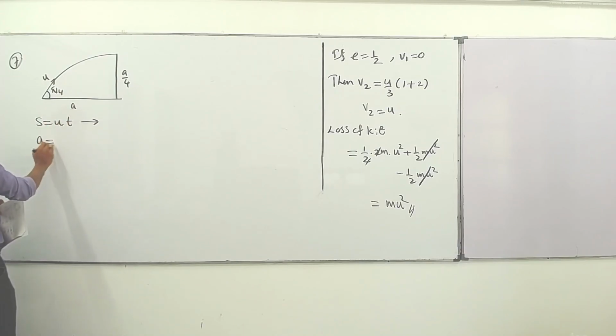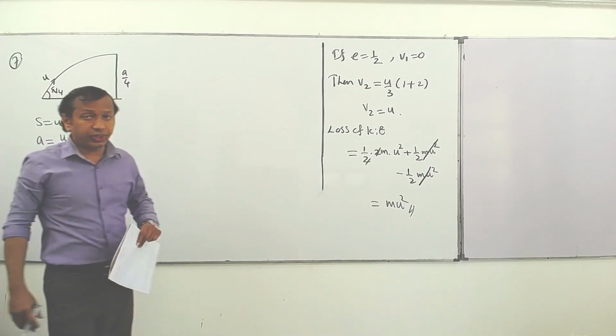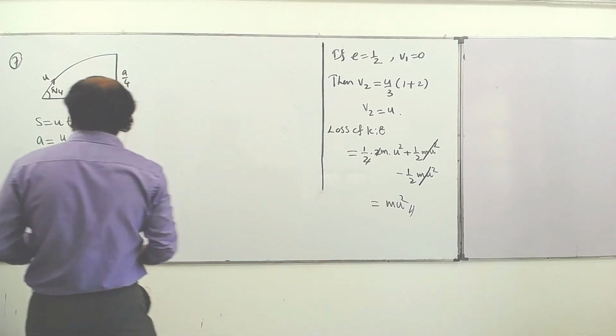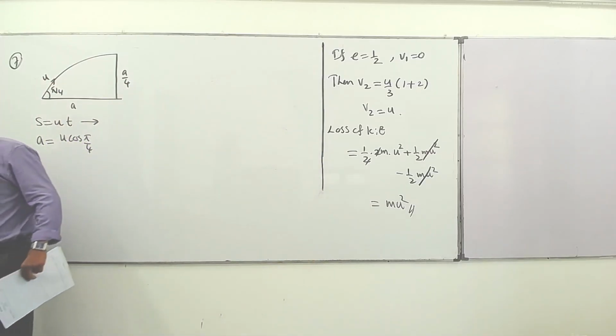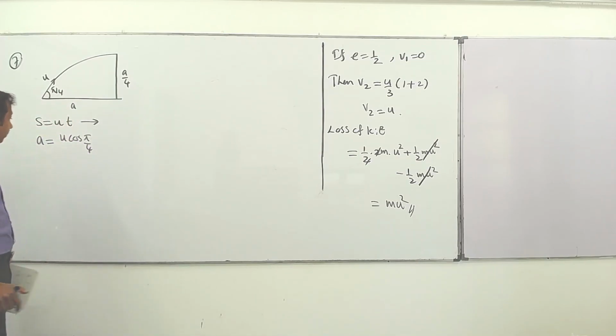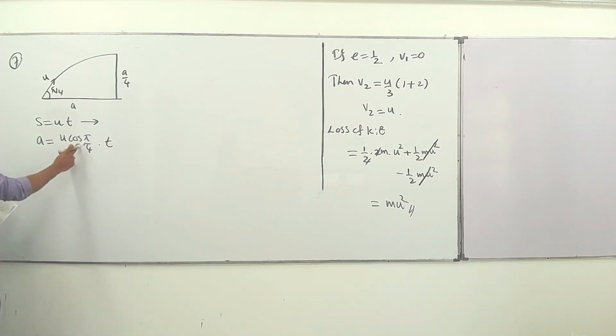Horizontal displacement is a. The velocity is u cos pi by 4, where I take the velocity of projection as u, into t. Then cos pi by 4 is 1 over root 2, so root 2 a divided by u is the t.